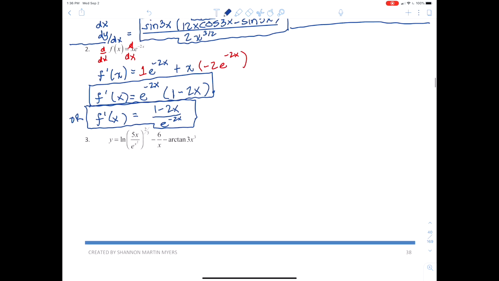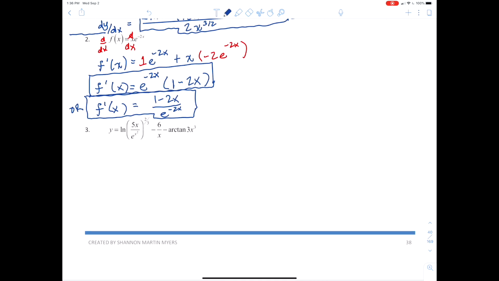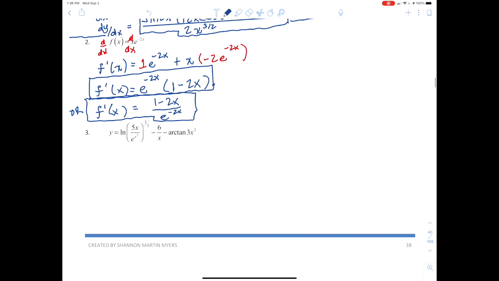All right, so our next derivative looks a little bit complicated, but why don't we use properties of logs to rewrite this first term at least.